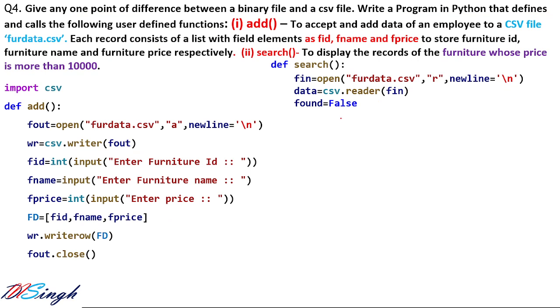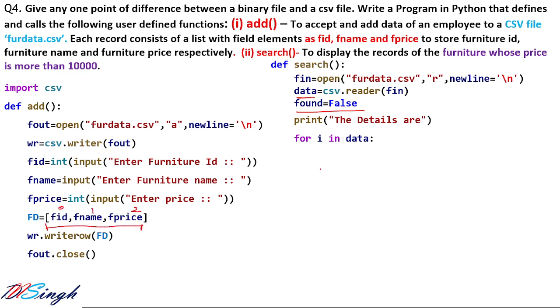After creating the reader object, this is an iterable object. We have made a variable found equal to false, which will tell us at the end whether we found furniture whose price is greater than 10,000 or not. Let us print the details and go for a loop, iterating over the reader object itself. We know we wrote the record with index 0, 1 and 2.